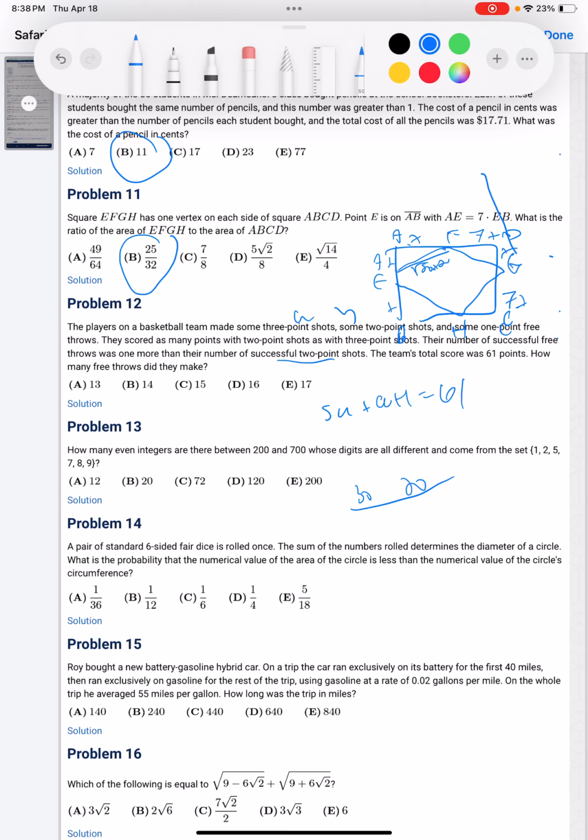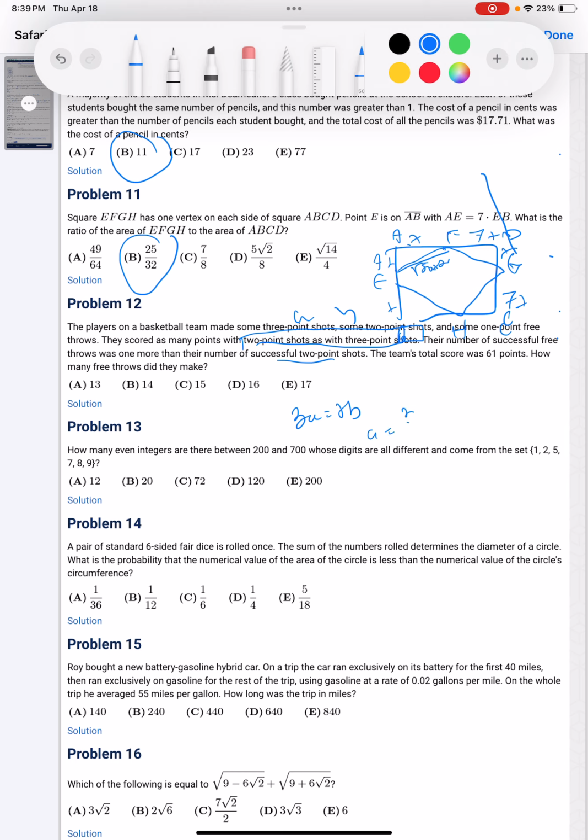The players on a basketball team made some 3-point shots and some 2-point shots. This is A 3-point shots and B 2-point shots. So as many points with 2-point shots. So 3A equals 2B, right?